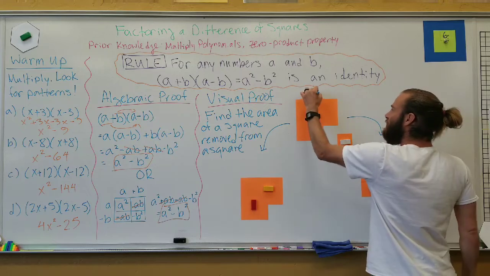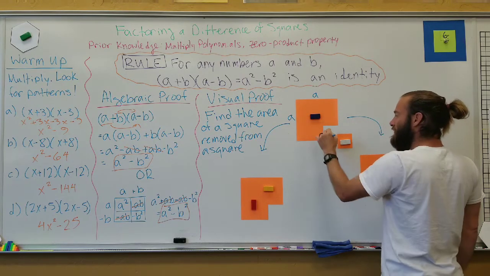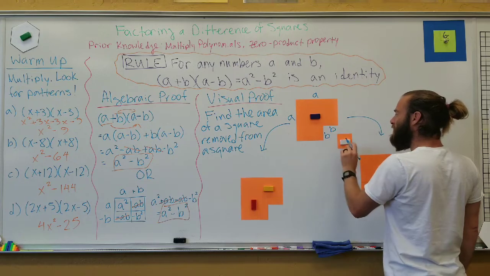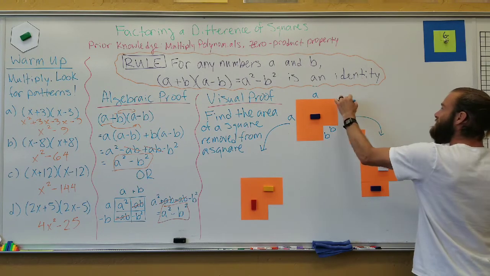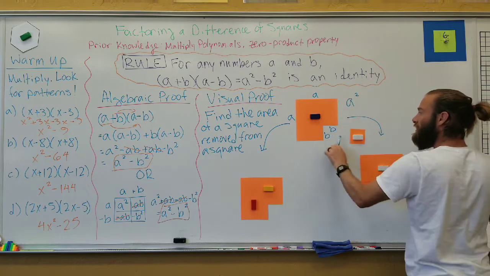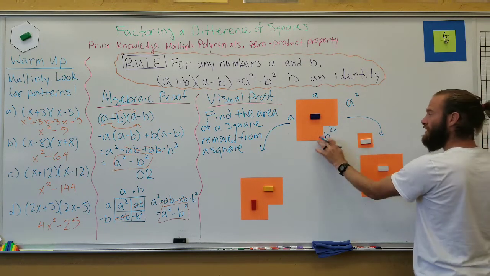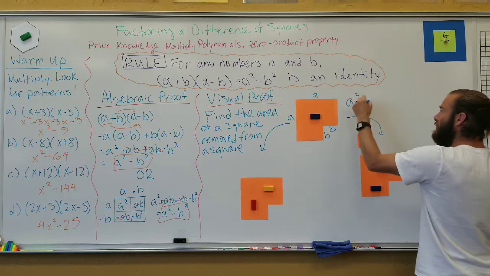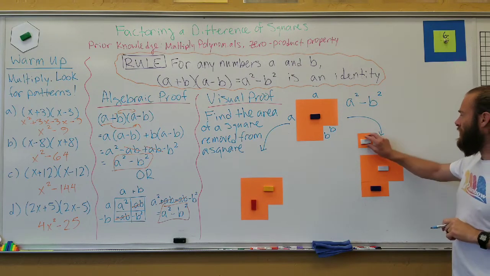This should look very familiar, because if the big square has side length a, and the little one has side length b, then you can think of this as a squared, the area of the large square, and when I remove the area of the little square, b squared, we get a squared minus b squared.